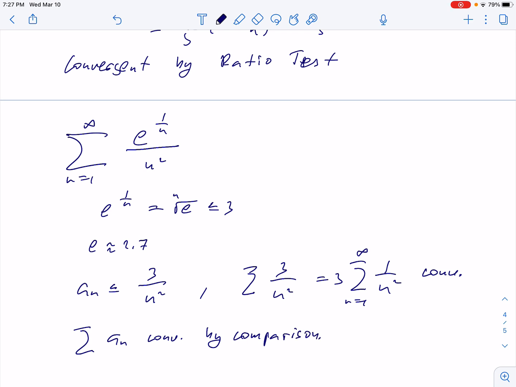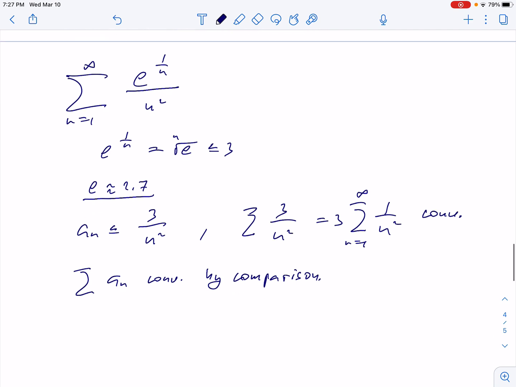It's dominated by one convergent series. All series here have positive terms, so this works very well. You can see how some simple knowledge about the Euler number can help you test this series, and you don't need to write integrals here.